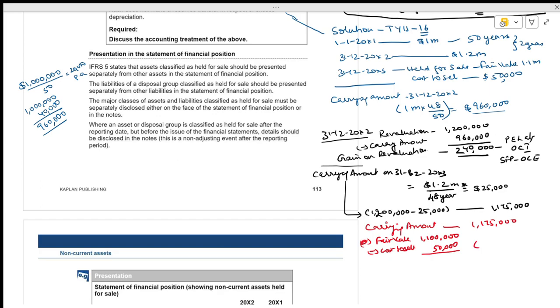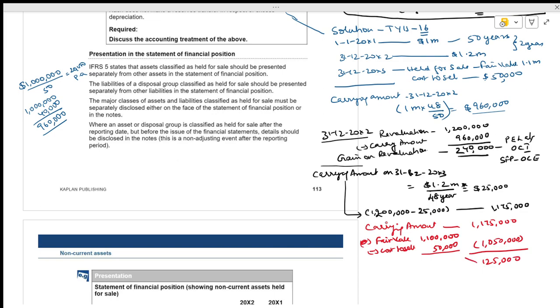It comes to 1,050. Is it right? 1.1 minus 50,000, 1,050. Is it 1,175? Okay, 1,175. How much is the loss? Loss is going to be 125.